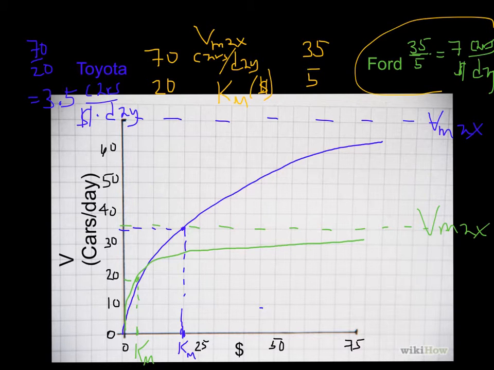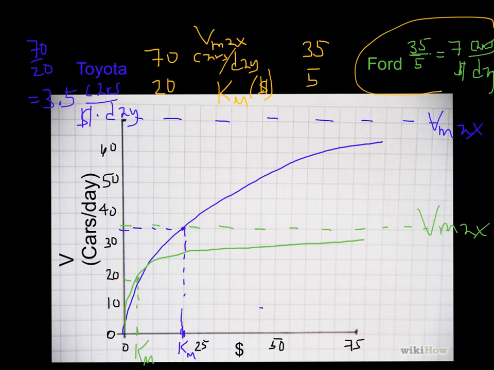Even though Ford doesn't have as high of a maximum velocity, it's more efficient at what it does. That's not always true. Sometimes whatever has the higher Vmax really is also more efficient. I hope that this helps explain how you can determine Vmax and what Vmax is. That's a maximum number or amount of product per enzyme's binding site per unit time.